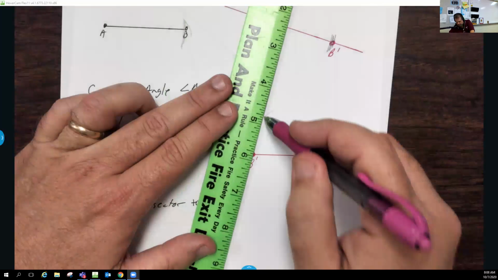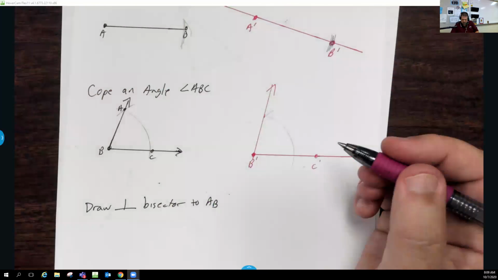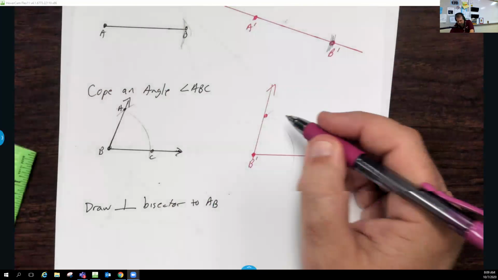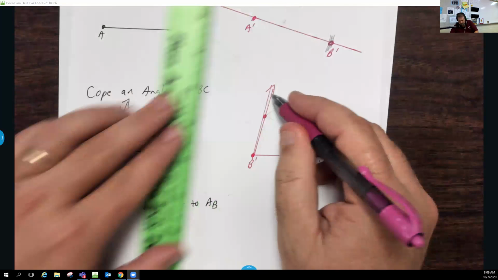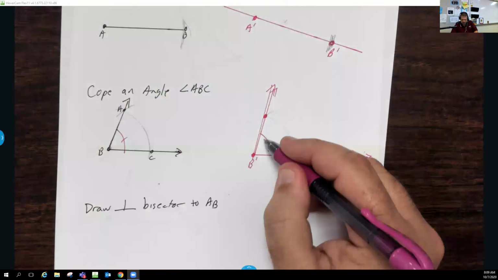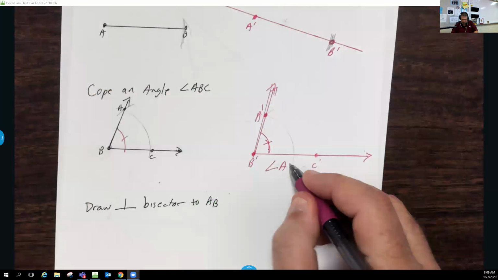This point here, that's going to make our angle. Actually, I should probably put it right there. That's going to make our angle right there. This angle will be the same as that angle. This would be our A prime. So this would be angle ABC.